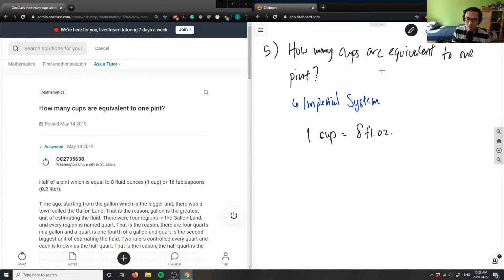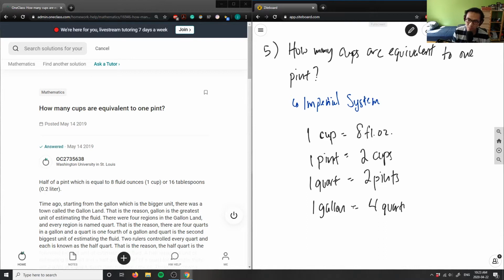We know that 1 pint equals 2 cups. We know that 1 quart equals 2 pints. And then 1 gallon equals 4 quarts, right? So we know all of these empirical measurements for volume.